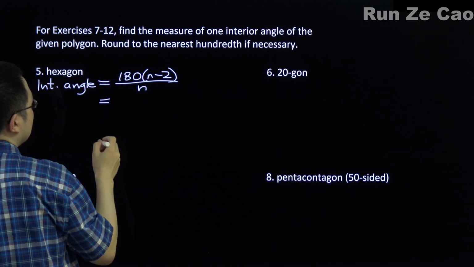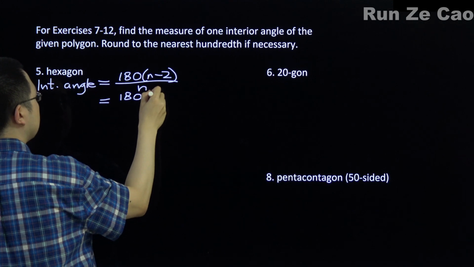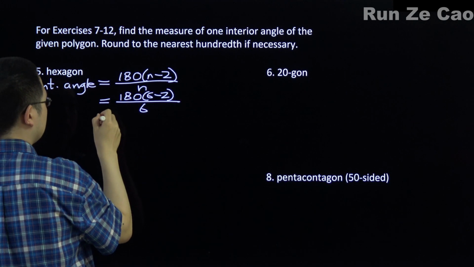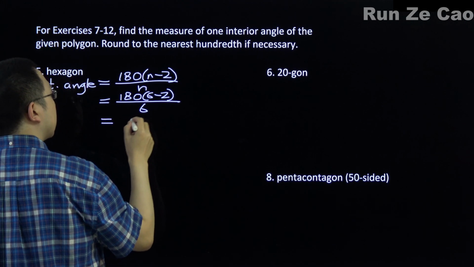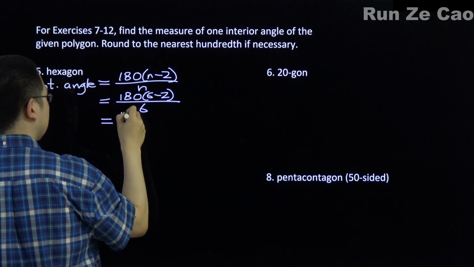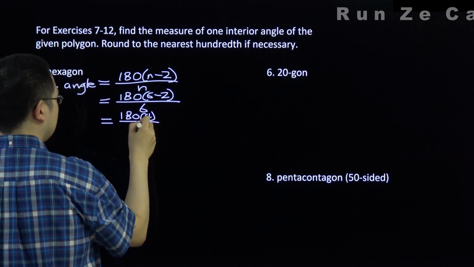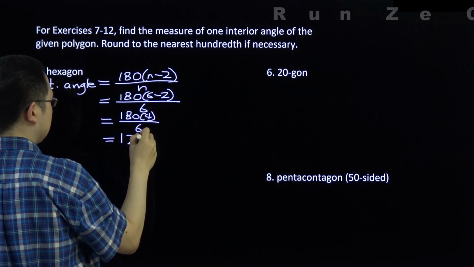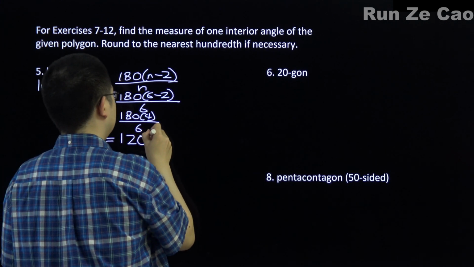So this is equal to 180 times 6 minus 2 over 6. So 180 times 4 over 6. That gives us 120 degrees.